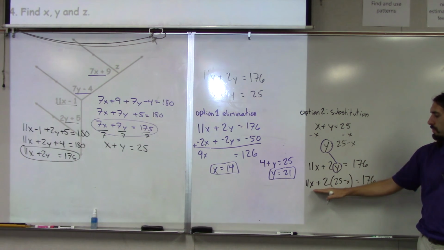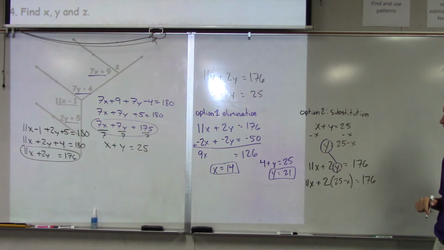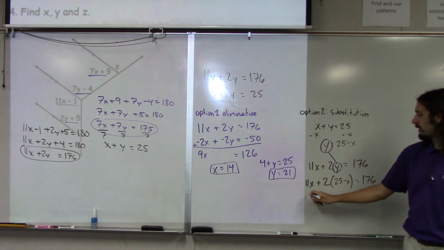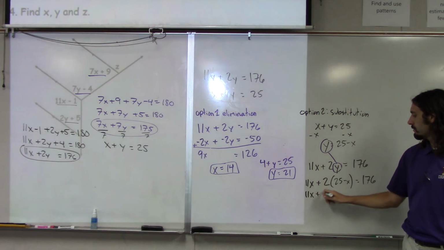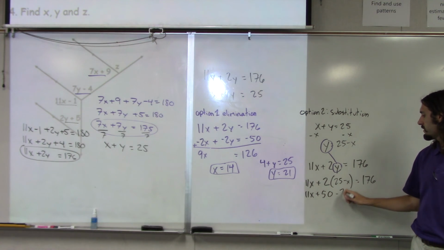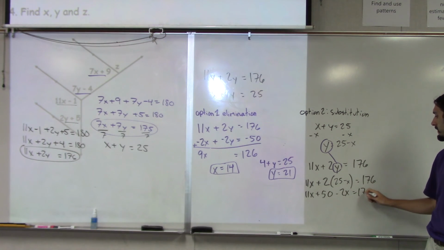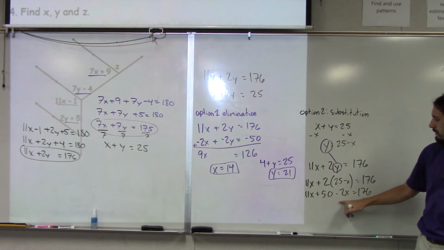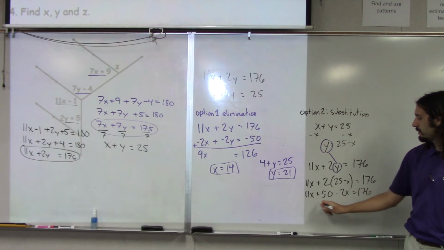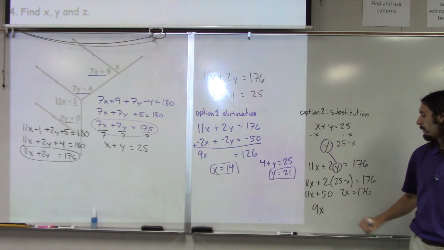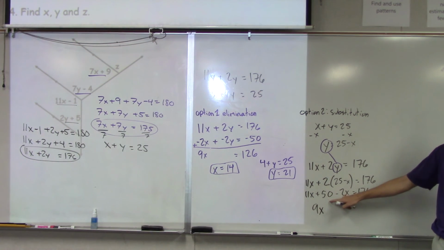And now I've got an expression with one variable in it. I'm going to distribute my 2 across. 11x plus 50 minus 2x is equal to 176. I'm going to combine like terms. 11x minus 2x gives me 9x. I'm running out of board space, so I'm also going to go ahead and move my 50 over.